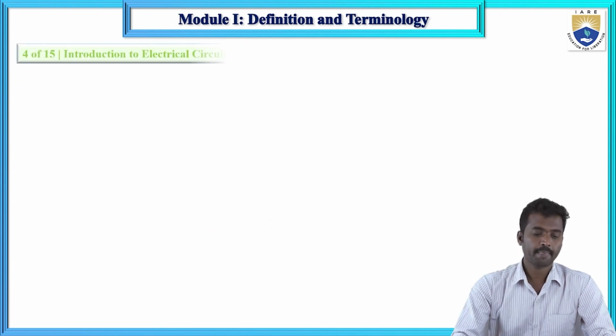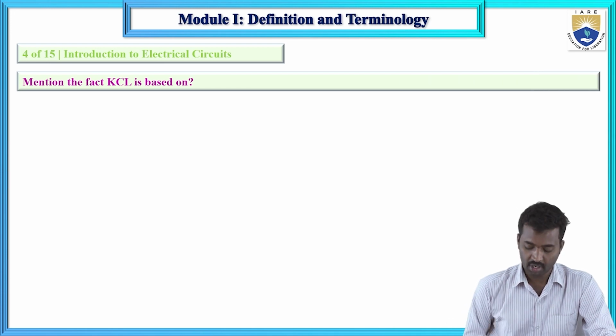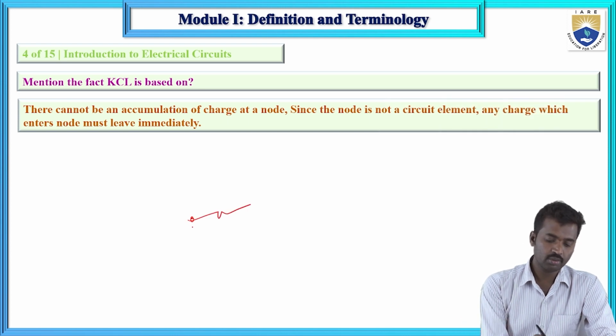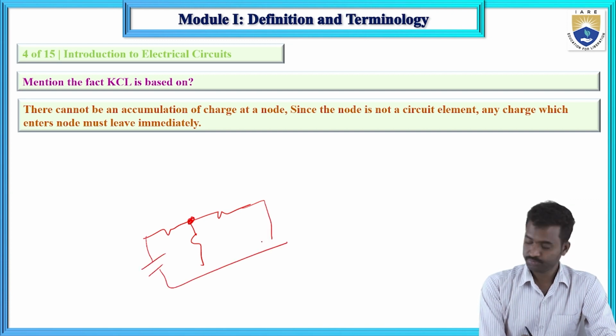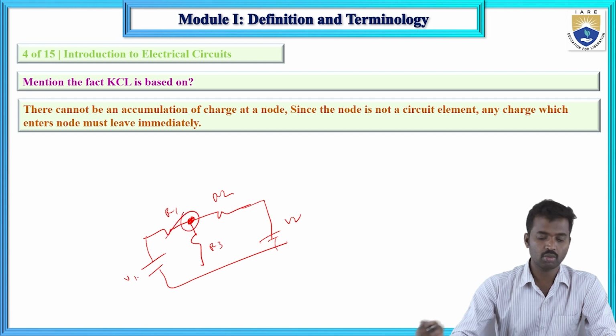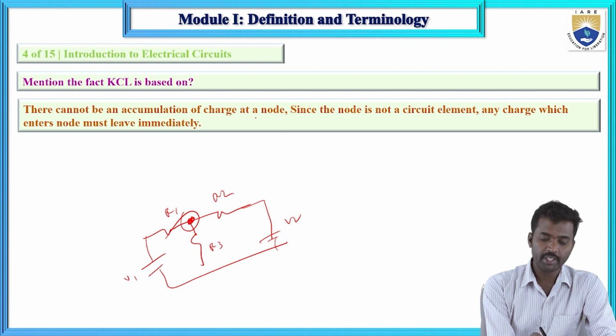Next, fourth one: mention the fact on which KCL, Kirchhoff's current law, is based. This is the circuit, with voltage sources V1, V2 and resistors R1, R2, R3. Suppose this is the node. At this node there cannot be any accumulation of charge.